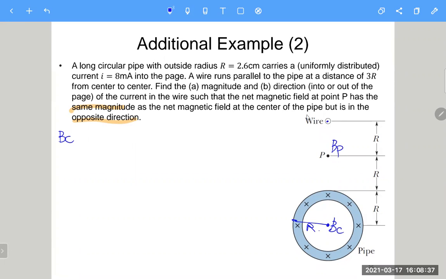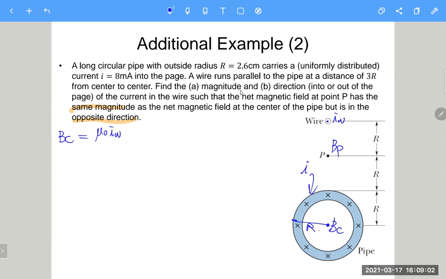For this wire, the B field at point C comes from a long wire, so we will use mu0 IW over 2 pi, times the distance.